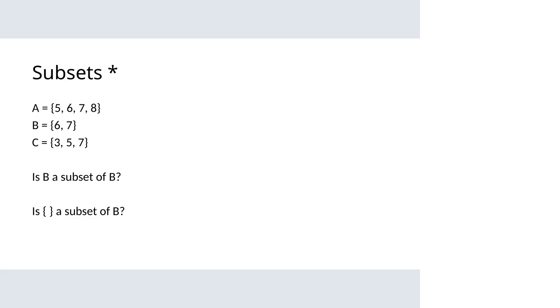Okay, we're split on this one like we were the first one. All right, that makes it interesting. Okay, good. Let's talk through this. So keeping in mind our test for a subset and what a subset is, the first one says, is B a subset of B? What this is really saying then is, is 6, 7 a subset of 6, 7? Well, let's see.